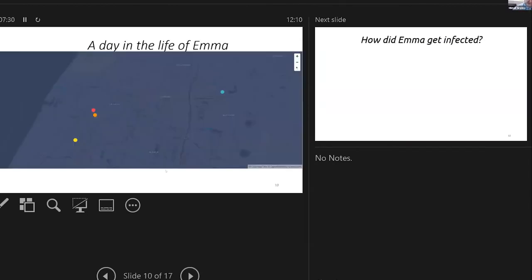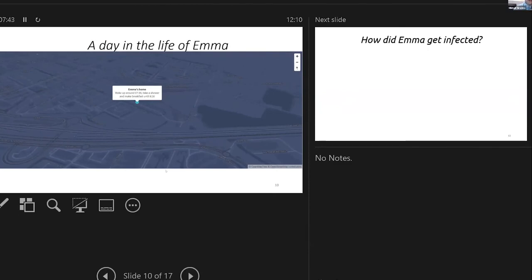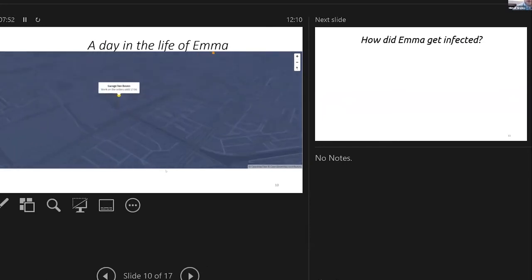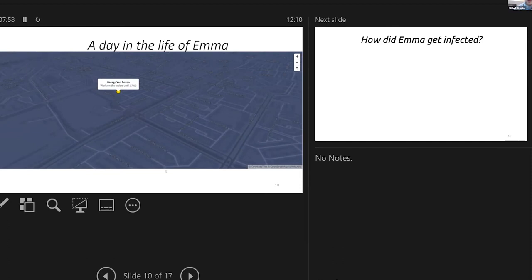Let's take a look at what a day in the life of Emma could look like. Here is a map of The Hague, and you have a couple of points highlighted here. We'll zoom into the place where Emma lives, and she starts her day with some typical activity. She has breakfast and does some personal care, preparing to go to work. She goes to work by car, and finally she arrives at work, and she works there for around 9 hours with her colleagues.